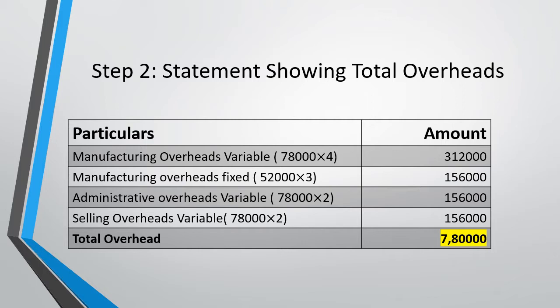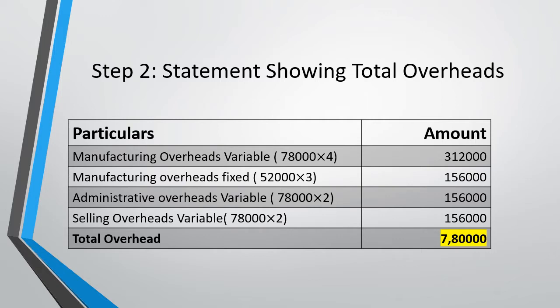Manufacturing overhead variable is given as 4 rupees. Your new level of output is 78,000, so 78,000 into 4 gives you 3,12,000. The same way for manufacturing overhead fixed. When it says fixed, even if your level of output increases, the cost remains the same.